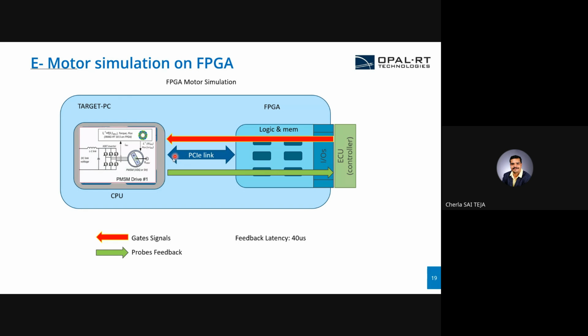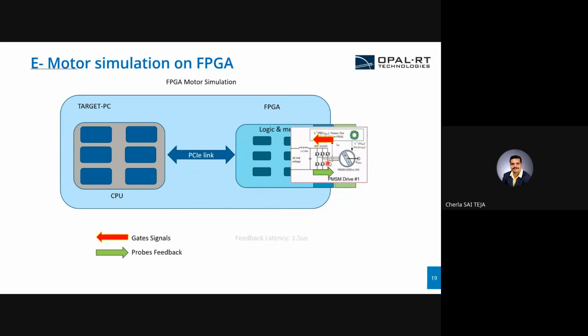So via this PCI link, first it will go to the FPGA processor, then it will be sent to the IOs, and the ECU, the engine control unit, will generate some gate impulses or do the corrective action, and then again from these IOs it will go to the FPGA, and then from the FPGA it will come to the CPU. So here the overall latency will be 40 microseconds. With this kind of latency, we can hardly go with a switching frequency of 2 to 3 or maximum 5 kilohertz.